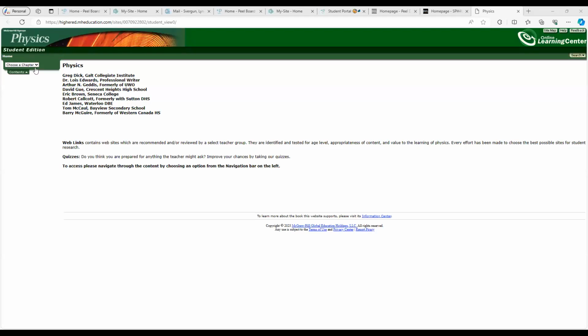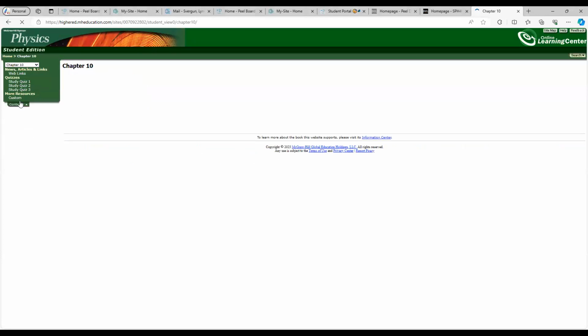Maybe I should show how it works. Basically it's a McGraw-Hill textbook, and when you go from the first chapter to the last chapter, you can select any topic and practice.